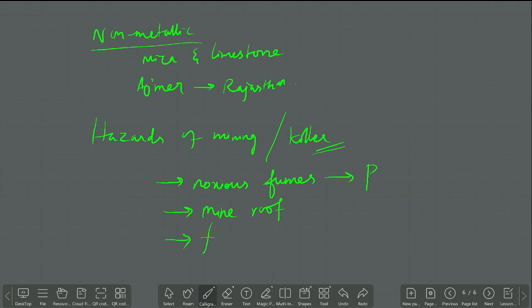Mine roof collapsing, then fire in the coal mine. All these you could say. Understood? The water sources in the region get contaminated due to mining, it's a general disadvantage. So we'll see the remaining later. Thank you all.